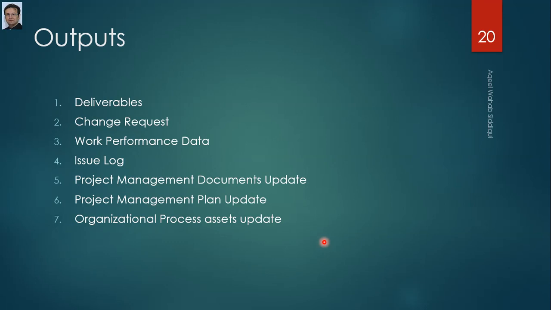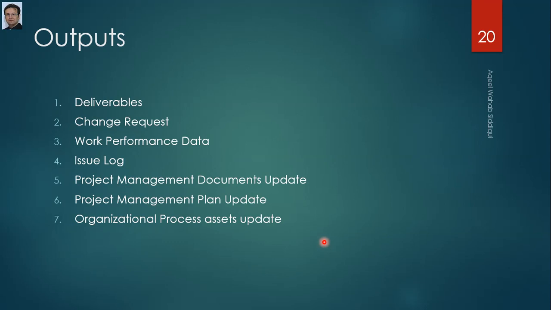Like I have given an example of a door. Door is your deliverable. So either you will produce a deliverable or you will generate a change request if there is something wrong in your project management plan. A change request is a formal proposal to modify any document, deliverable or baseline.